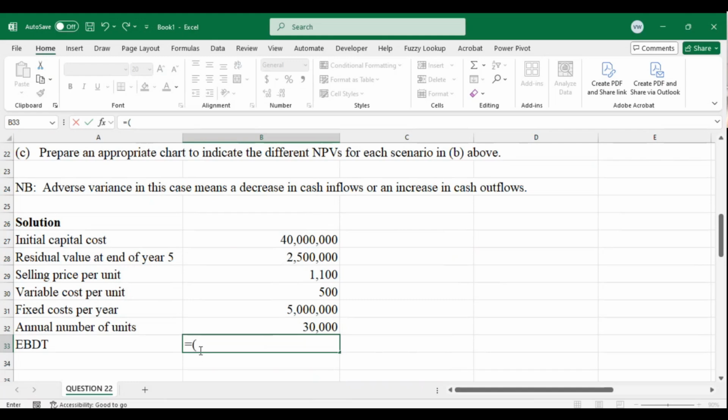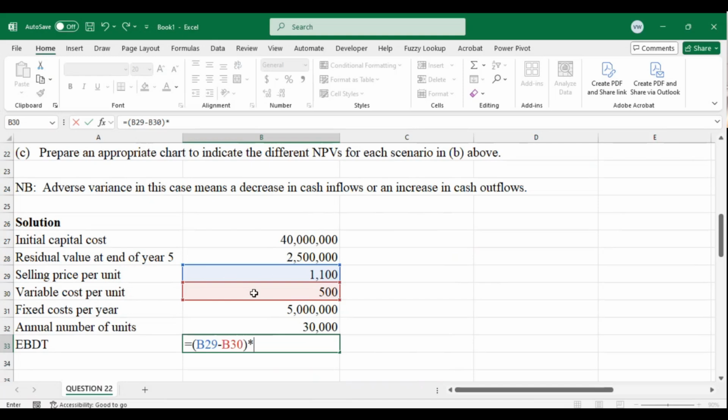I'll start with the equal sign. Every time you compute a function, you start with the equal sign. I'll reference the selling price minus the variable cost. Then I close the bracket. That gives me the unit contribution.